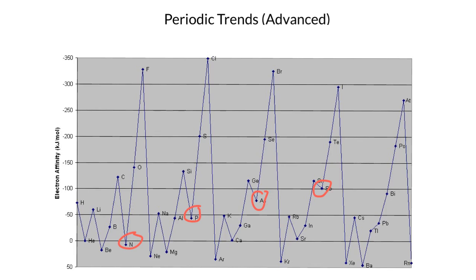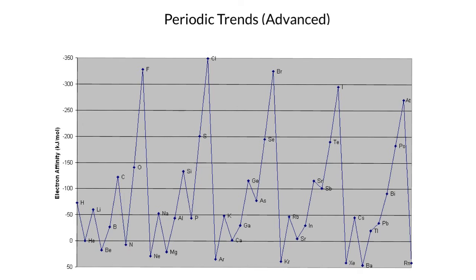And this is why we see the break in the trend when we deal with these elements that have a half-filled sublevel. So in general, as we go from left to right across the periodic table, and those atoms are getting smaller, there's going to be a greater amount of energy released as you add an electron to those atoms, with a few exceptions.